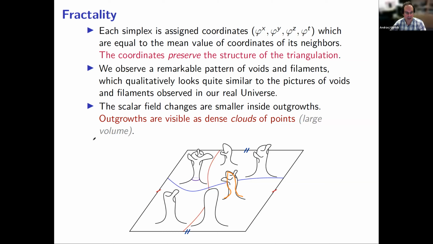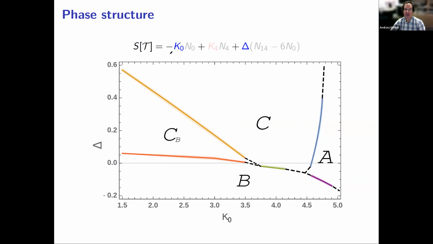I'm short of time. Okay, so as I said at the beginning, the Regge action is quite simple, just a linear combination with some global parameters and three coupling constants.